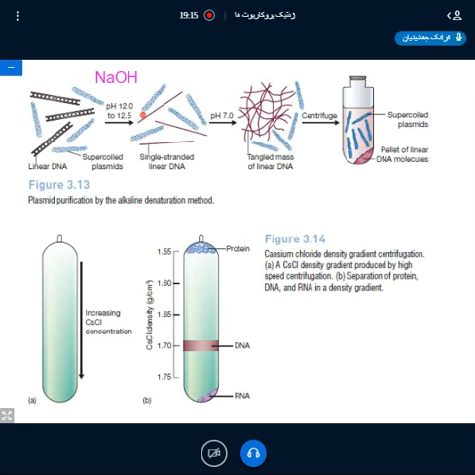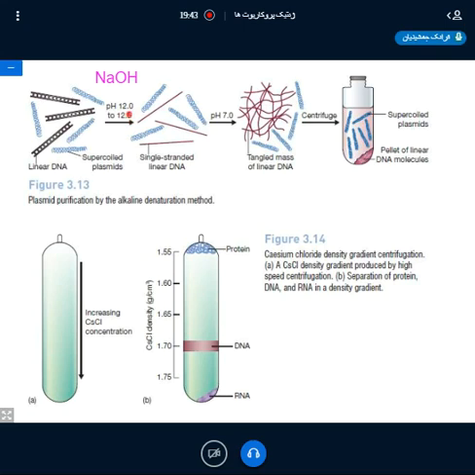We add some NaOH, a base. Yes, we have some NaOH here. So we increase the pH to 12.